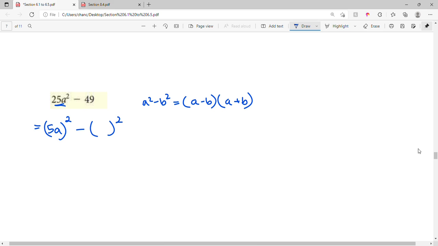What squared gives you 49? That's got to be a 7. So here is our a in the formula, and here is our b in the formula. So I can write my answer now as 5a minus 7 and 5a plus 7. This is our factored polynomial.